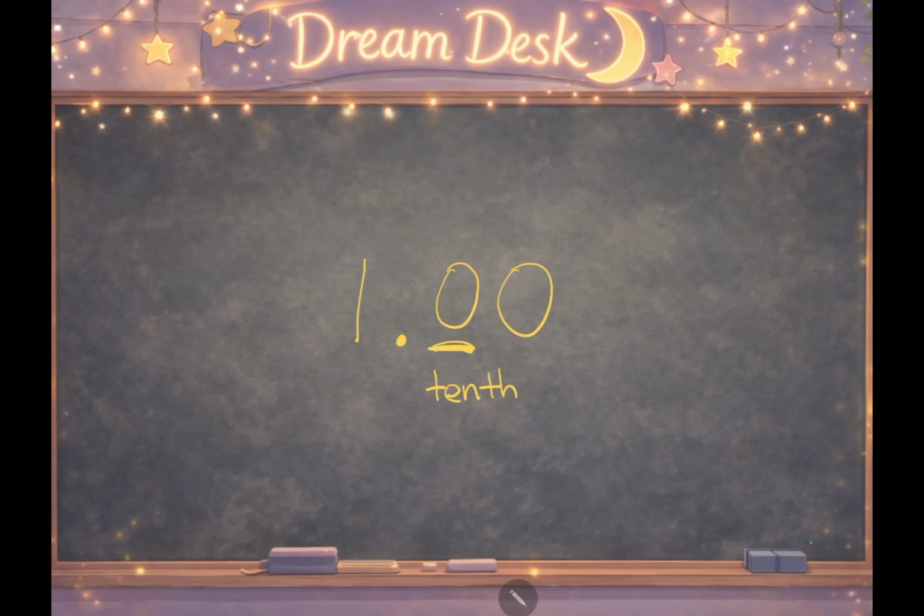This is tenth, and tenth means when we have one whole thing, we split this into 10 equal pieces, and we'll pretend each of these pieces are equal. That's what it means when we are talking about tenth here.